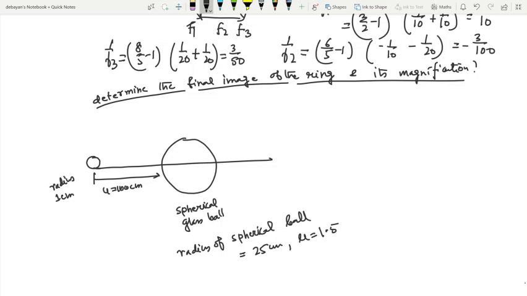That is the question. The rest is air, so everywhere else the refractive index is 1, and write this down, better. N2 is the refractive index of the spherical glass ball.